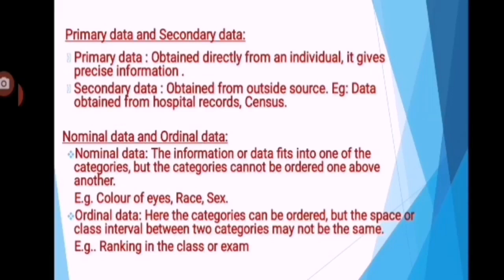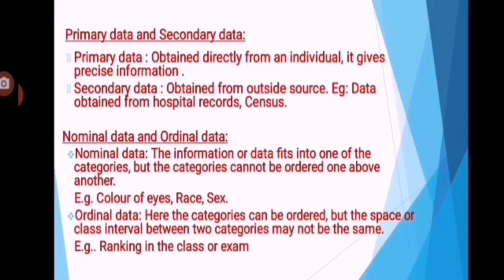Next comes the primary data and secondary data. Primary data is obtained directly from an individual, and it gives precise information. Secondary data is obtained from an outside source, for example data obtained from hospital record or census record is an example of secondary data.